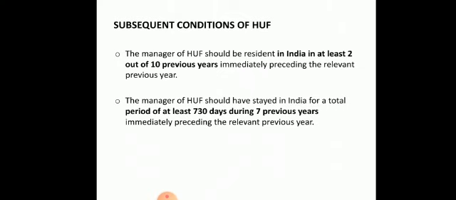The second subsequent condition is the manager of the Hindu undivided family should have stayed in India for a total period of at least 730 days during 7 previous years, immediately preceding the relevant previous year.